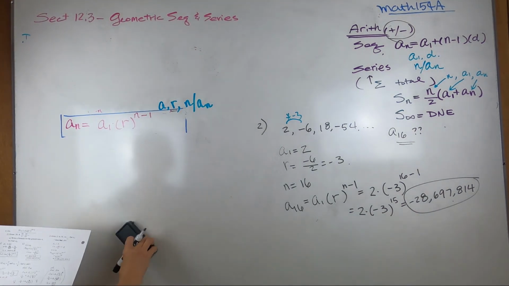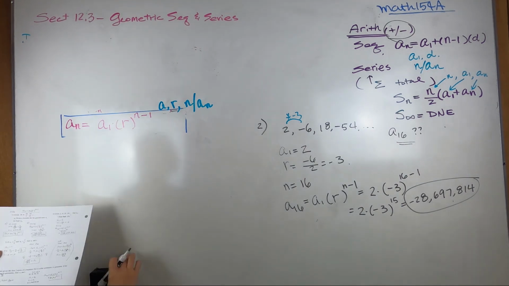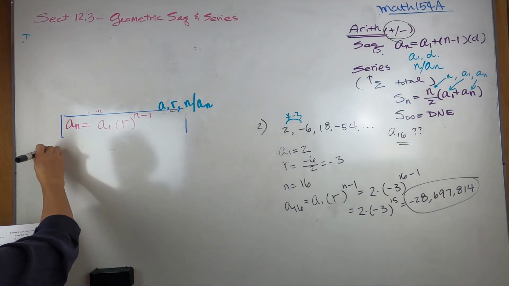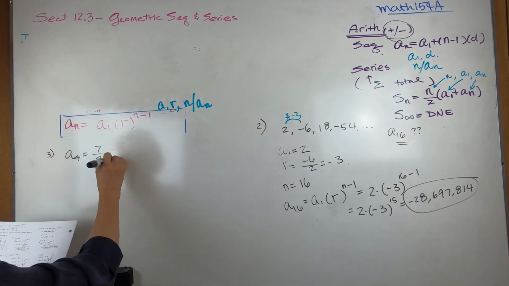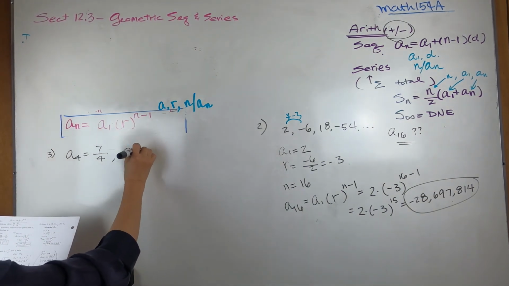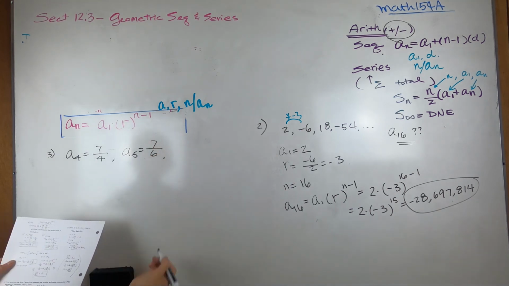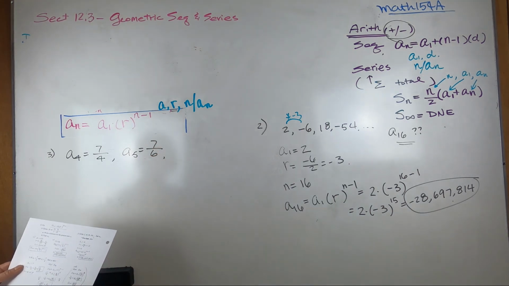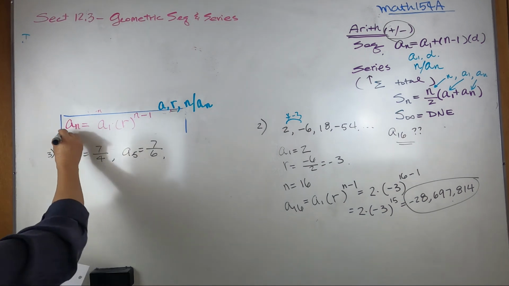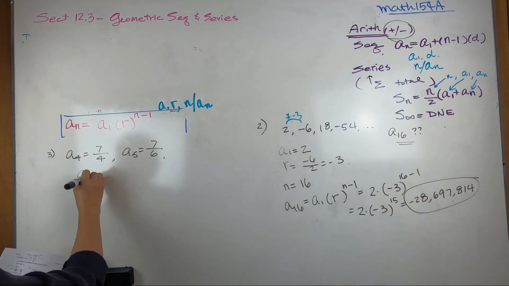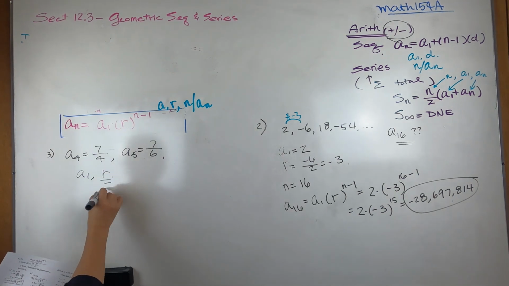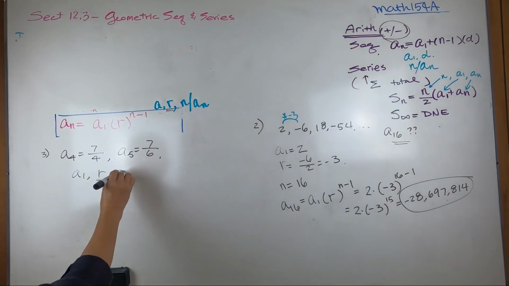Okay? So, if we have this one, we say A4 is 7/4 and A5 is 7/6, right? Then, since we want to find the general pattern, we need to have A1, we need to have R. But for this one, we don't have it.